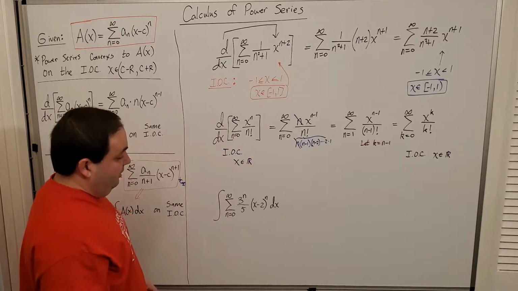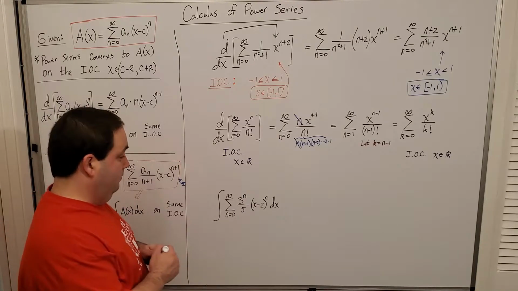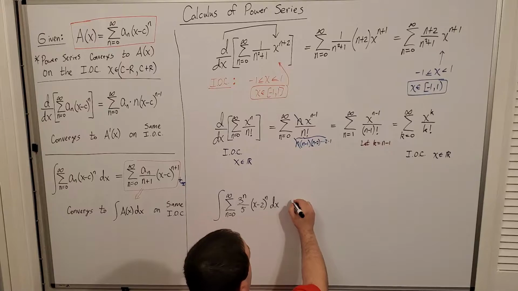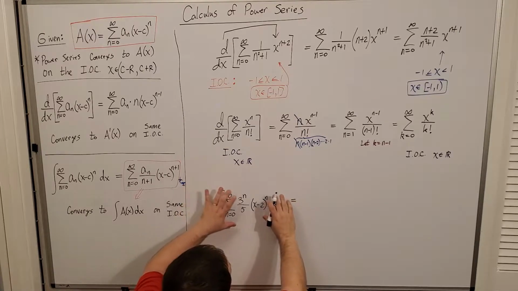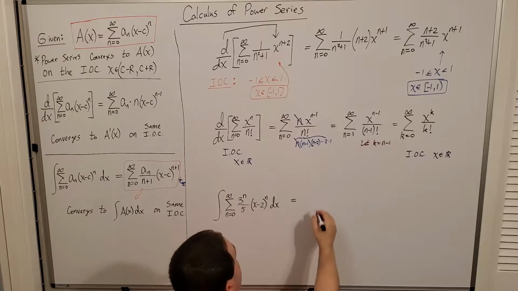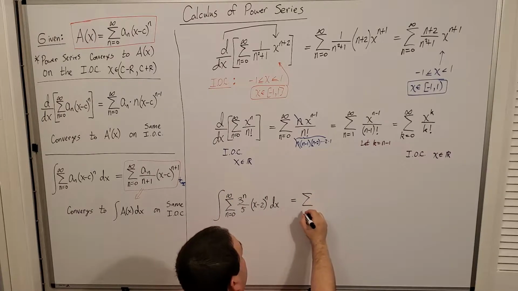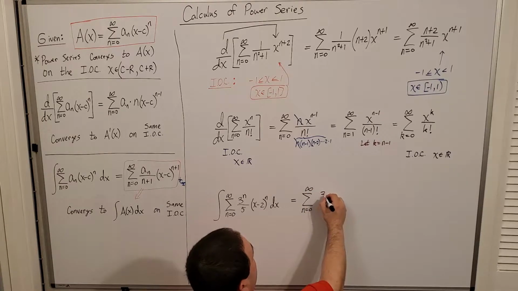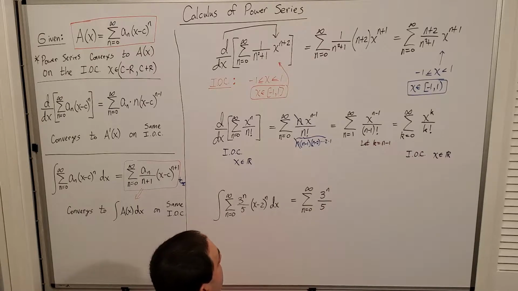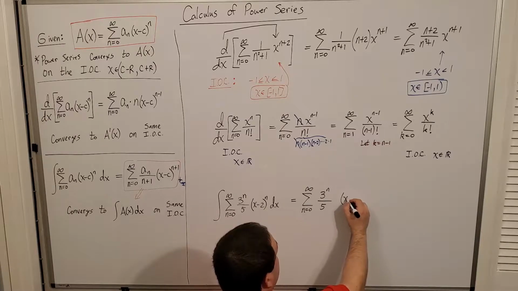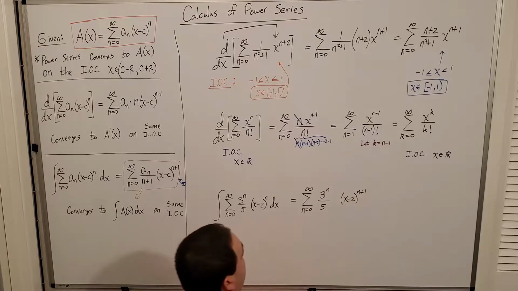Okay, antiderivative works very similarly. Again, the antiderivative is only going to affect the x minus 2 portion. So I'm still going to have the sum from n equals 0 to infinity. I'm still going to have the 3 to the n. I'm still going to have the 5. This now is going to be x minus 2 to the n plus 1.